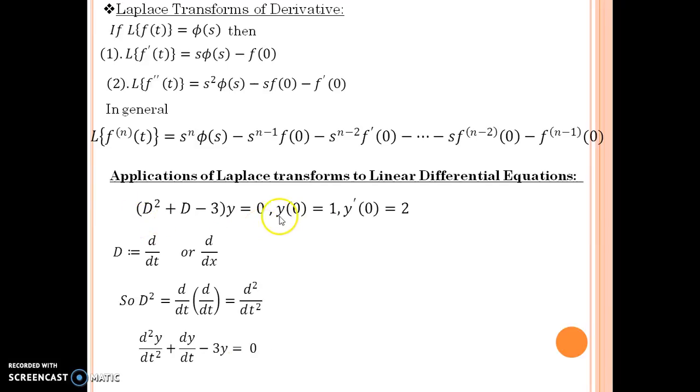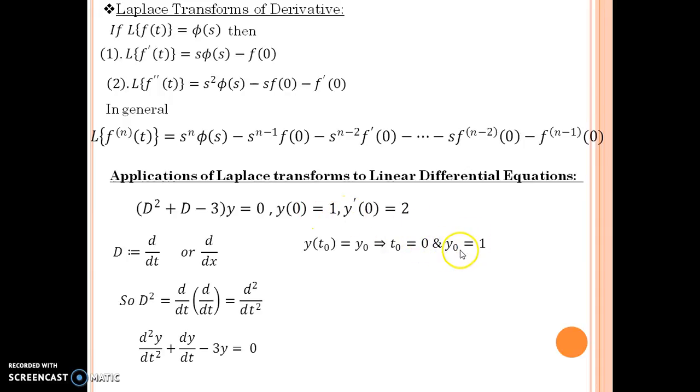Now what are these conditions talking about? Let us try to understand that. The meaning of the first condition, y of 0 is equal to 1, is y evaluated at t0 is y0. So what is t0 over here? It is 0. That is the meaning.